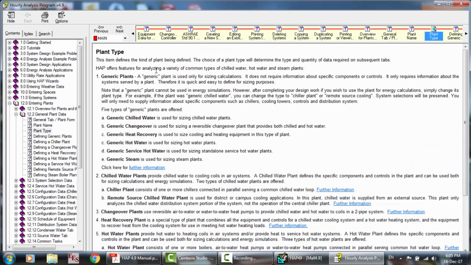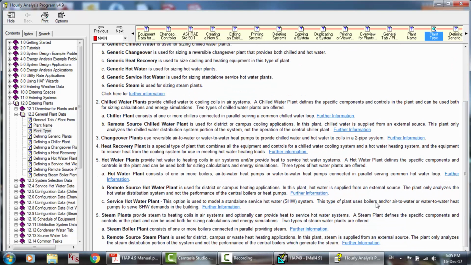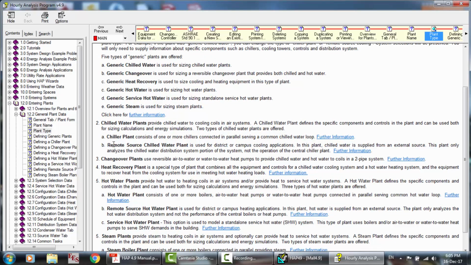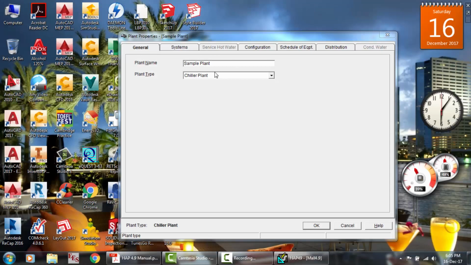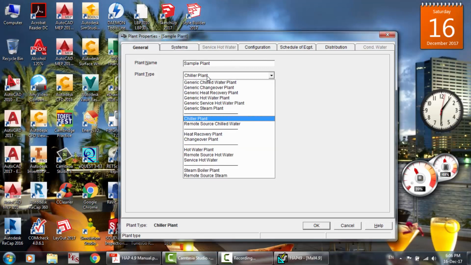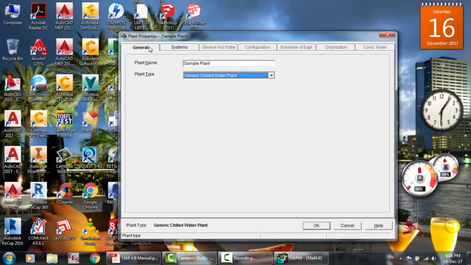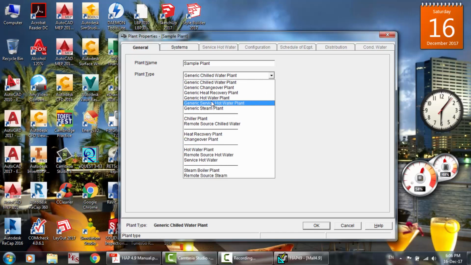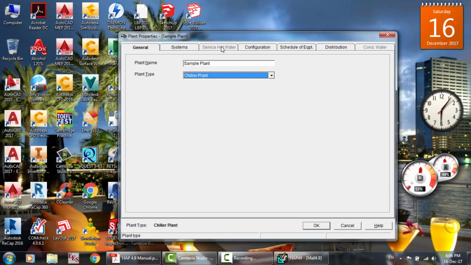Here you will find, like we have just said, changeover plants and chiller plant. But these are now for energy analysis. So notice that if you have generic, you will find general systems, and for chiller plant you'll find systems and configuration, schedule of equipment, distribution, and we're going to find out about cold water.